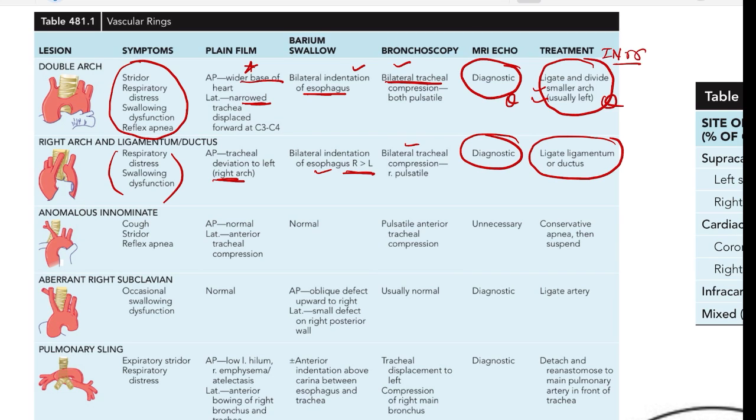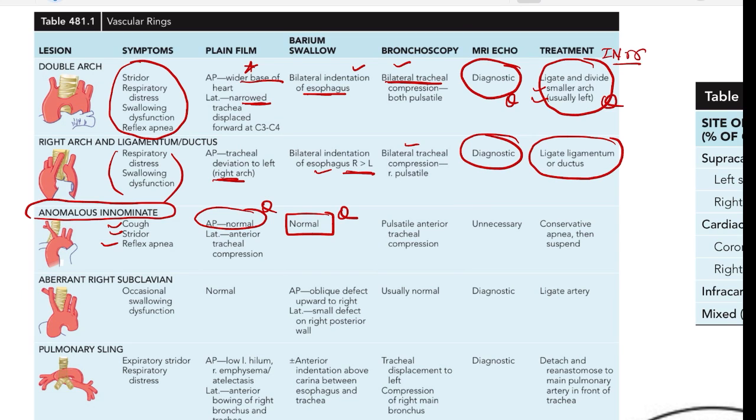Another entity is anomalous innominate artery. In this condition, the symptoms are cough, stridor, reflex apnea. Just see the difference. In this condition, AP X-ray will be normal. Lateral X-ray will show anterior tracheal compression, but AP will be normal. In this condition, barium swallow is normal.